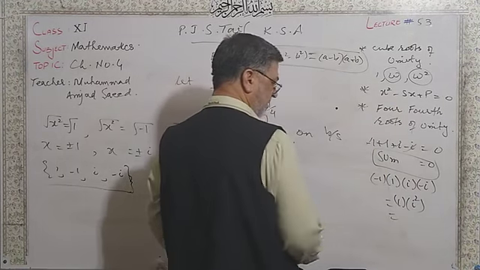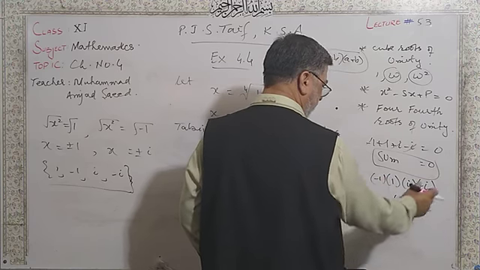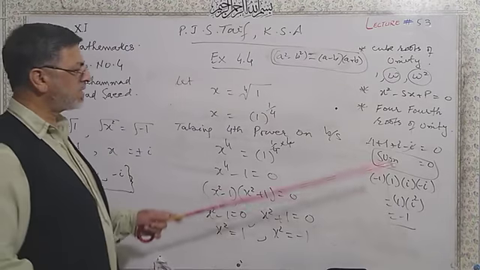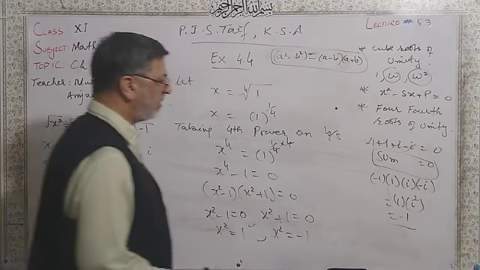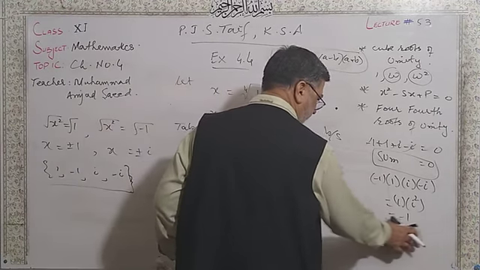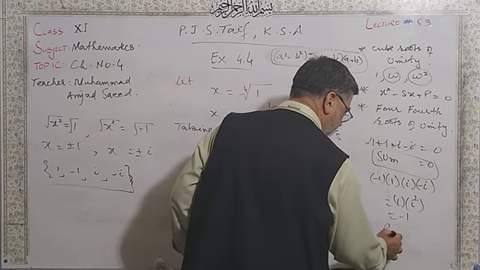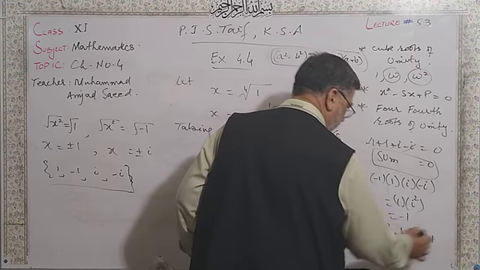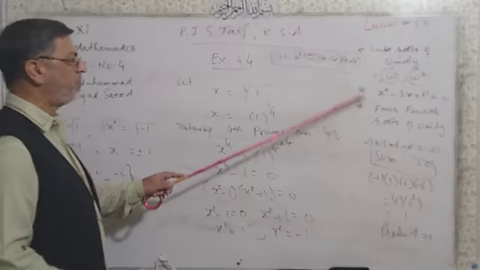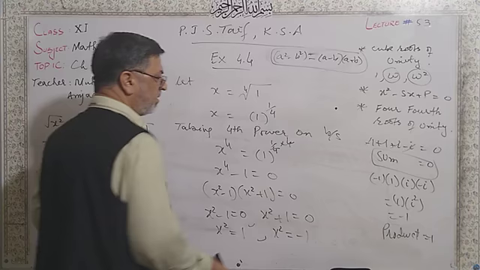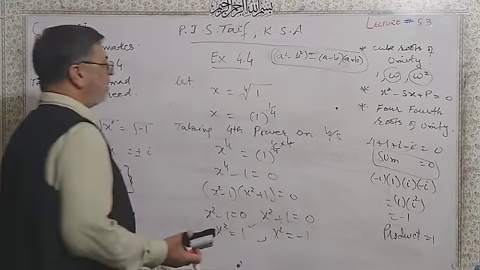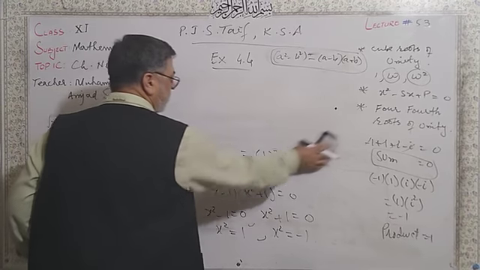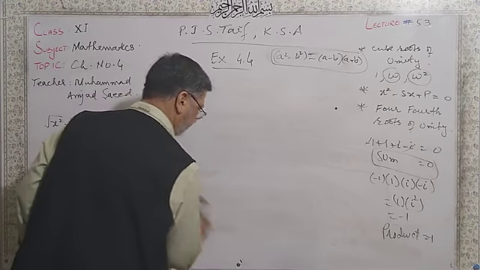Minus plus 1 into iota square. Iota square means minus 1. So dear students, the product of the fourth roots of unity is equal to minus 1. Basically, these are some properties of the fourth roots of unity. If you have understood this question, now it will be easy for you to understand question number 7.